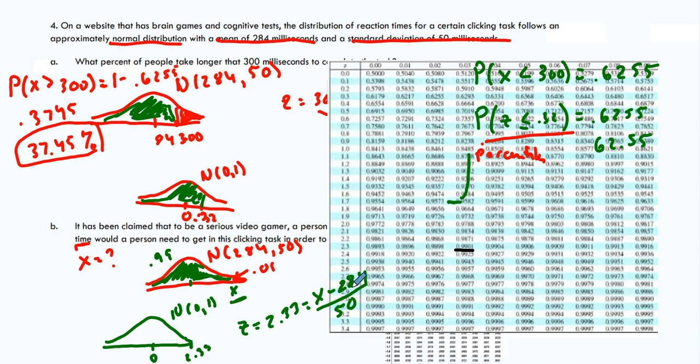And what we have is x is going to equal 400.5, and that's going to be milliseconds. So 400.5 milliseconds will get you into approximately the 99th percentile, which is actually the top 1%.